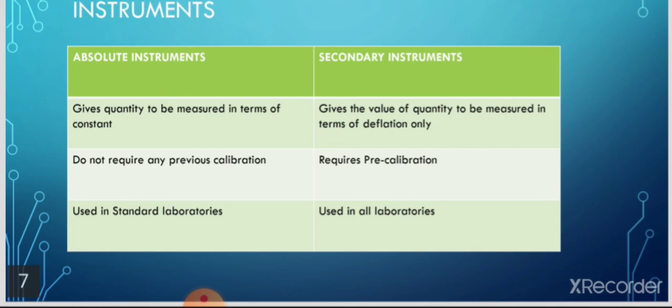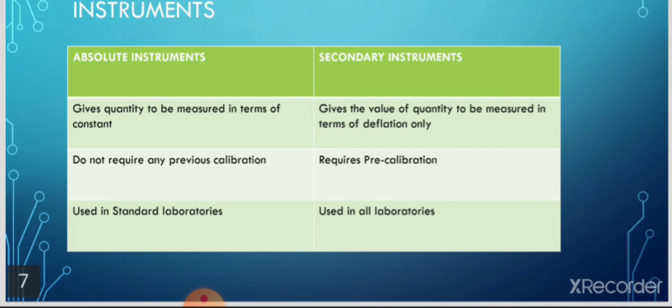Absolute instruments do not require any previous calibration, whereas secondary instruments require previous calibration so that the measured value can be compared with the standard value. Absolute instruments can be used in standard laboratories, whereas secondary instruments can be used in all laboratories.